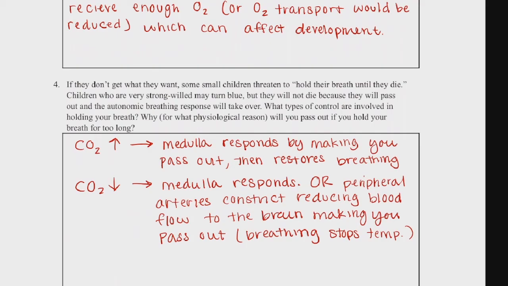The types of control in holding your breath, it's just more of your control. So the control involved in holding your breath was just you controlling your breathing. But if you hold your breath for so long that the CO2 levels rise to an unhealthy level, the medulla in your brain will kick in involuntarily and you'll pass out.